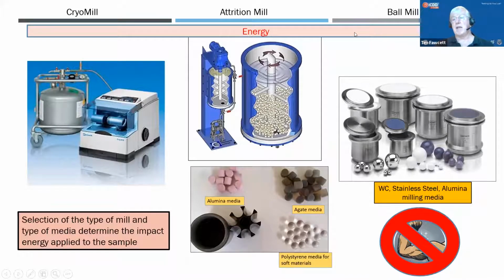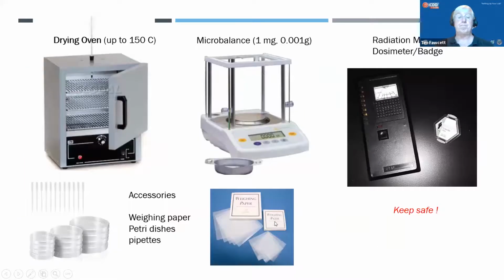So you have a basic energy range that each mill provides, and you can fine tune that energy range by your selection of media. Because what you're trading off here is you want enough energy that you break down the particle without putting in so much energy that you either cause a phase change or you're destroying the material. And so there's a balance.